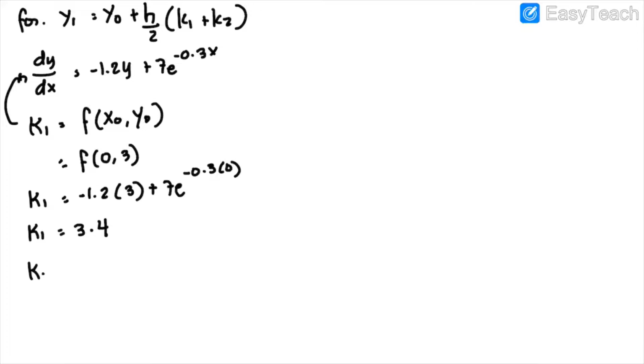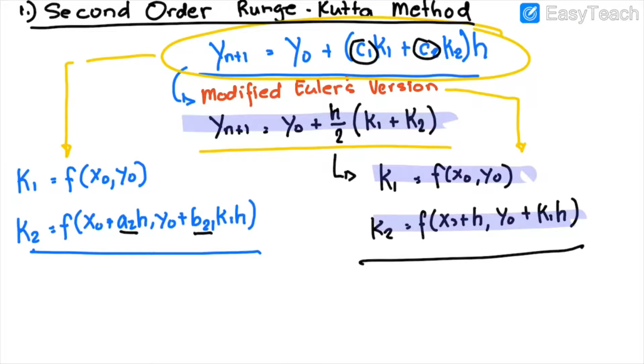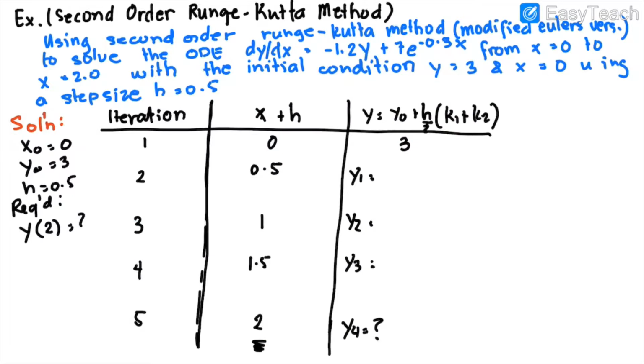Same goes with k2. Remember that the function for k2, for the general form of the second order Runge-Kutta method using the modified Euler's version, is f of x naught plus h and y naught plus k1 times h.